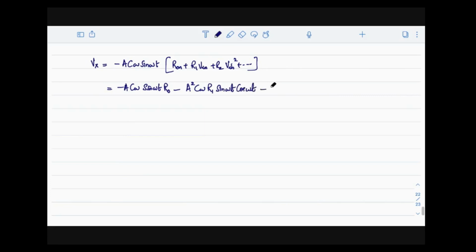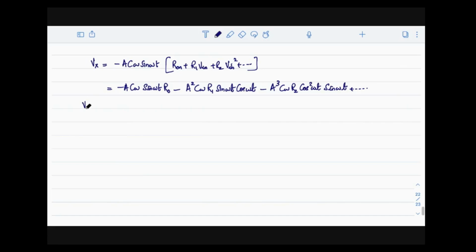Again minus A cube into C into omega into R2 into V in square, so it is cos square omega t into sin omega t. Right. So by writing this expression only, we know that there are distortion components.